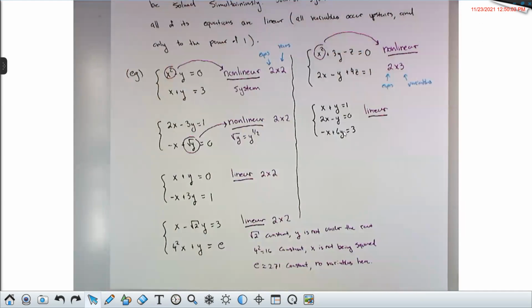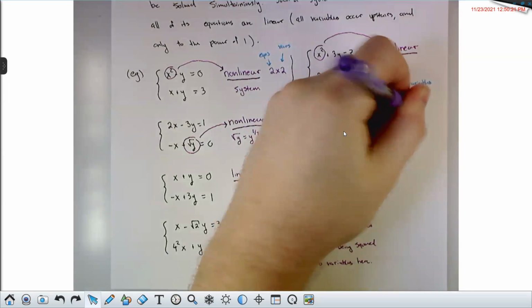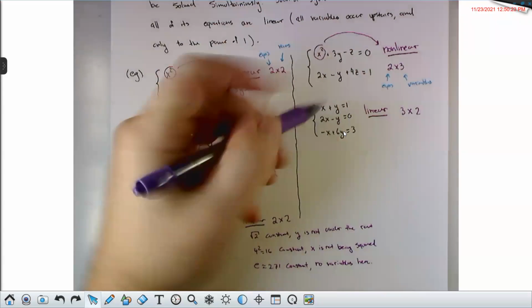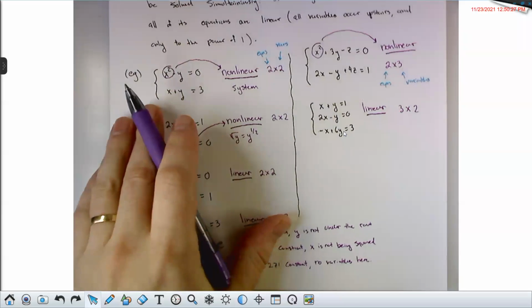And then what are its dimensions? So Jalen is half right there. The first number is a 3 because I've got 3 equations. 3x2. Yeah, this one would be a 3x2 because I've got 3 equations and 2 variables, x and y.